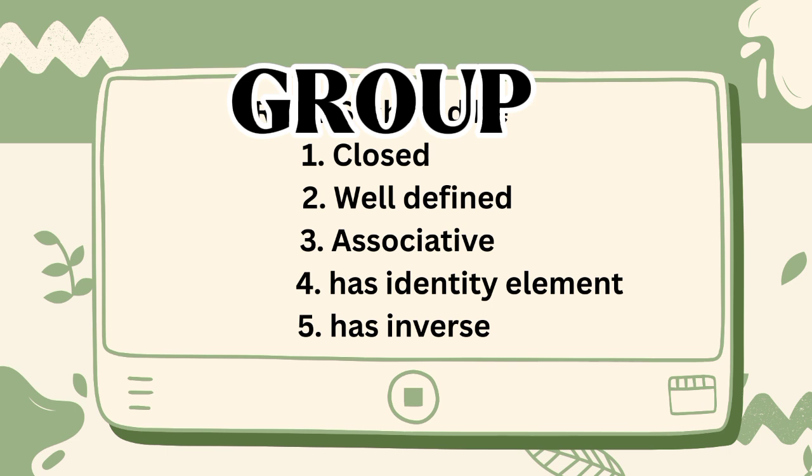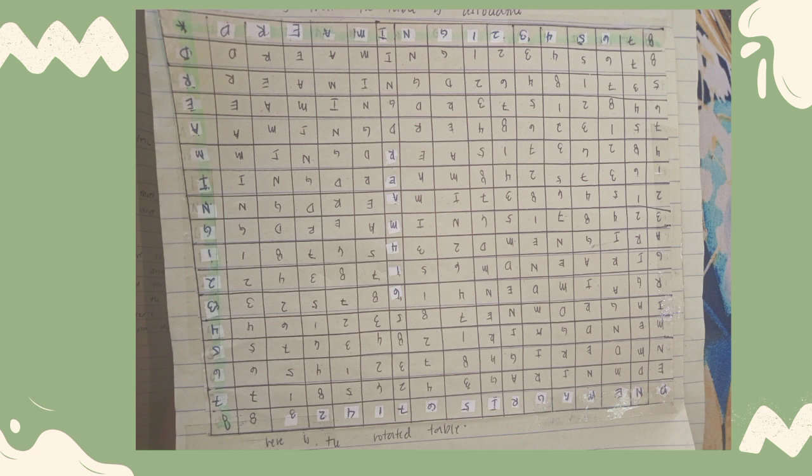Next, let's check if it is associative. So here's the table. If we rotate 180 degrees and interchange the row and column, we should get the same structure as our original table.